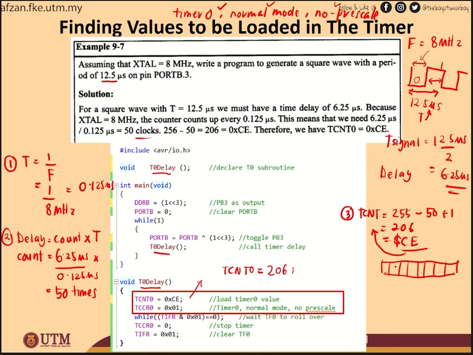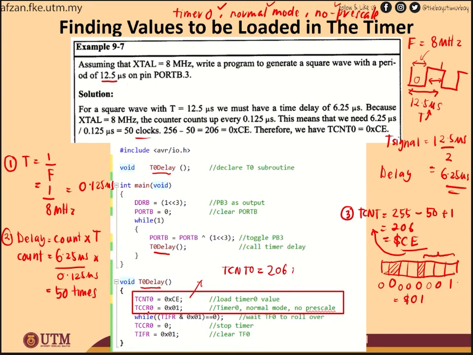For the timer mode, you set bit 6 and bit 3, in which for normal mode you put 0, 0. About the prescaler, since you're not using a prescaler, you put 0, 0, 1. The rest you just put 0, 0, 0, which is equal to 0x01 in hexadecimal.